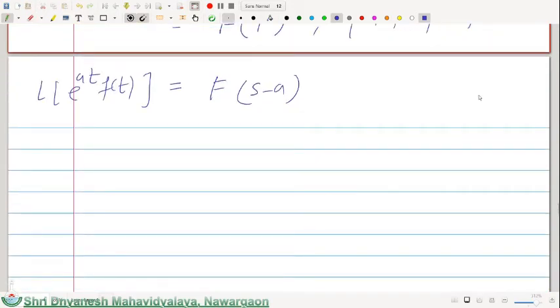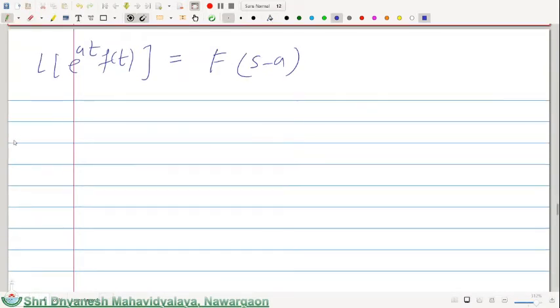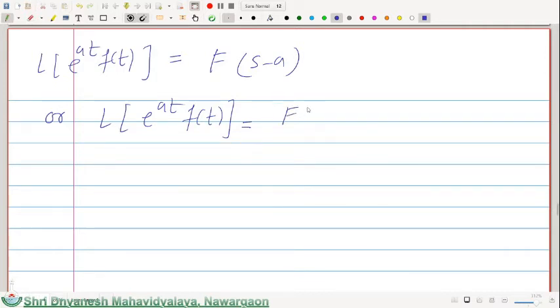One form I am writing of this shifting property as: Laplace transform of e to the power at f of t can be written as f of s, where s will be changed to s minus a. This form we will use in the coming examples, because this is more convenient while doing calculations.